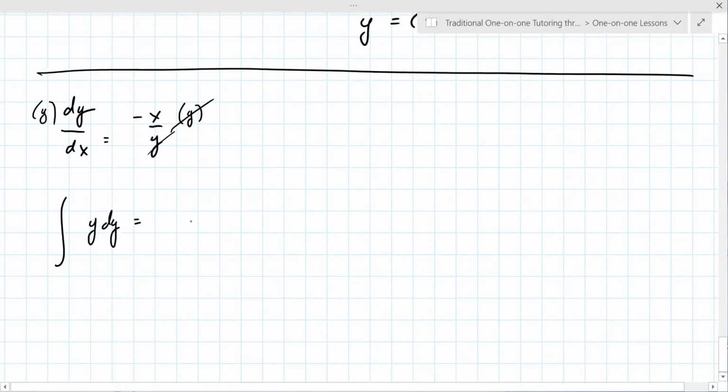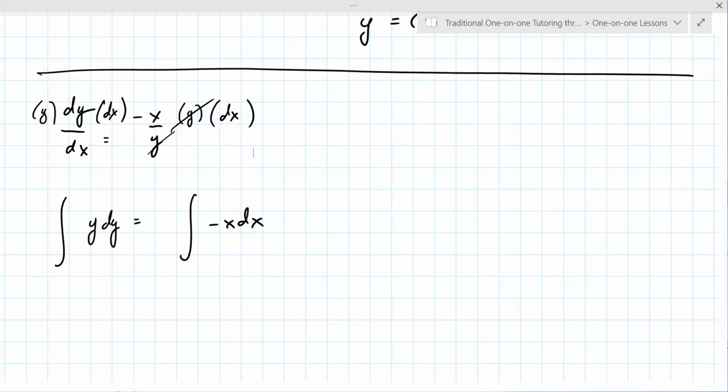Oh, so multiply by y. So y dy equals, and then you're multiplying by dx. If that's how you're seeing it in the class, that's fine. Okay, so negative x dx. Okay, and then integral y dy equals integral negative x dx.